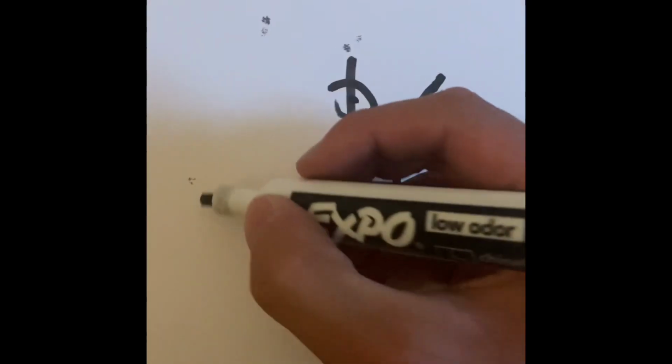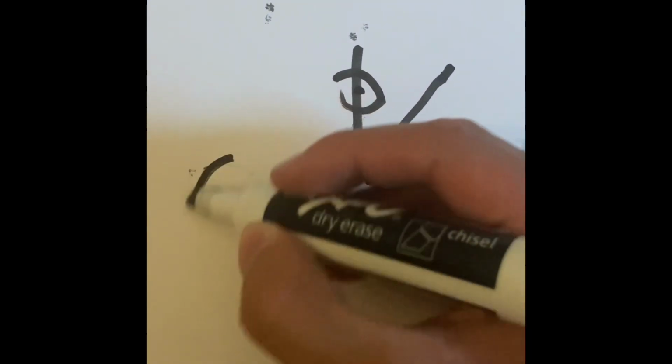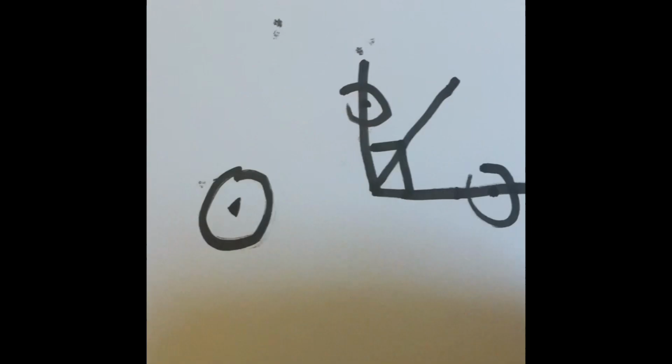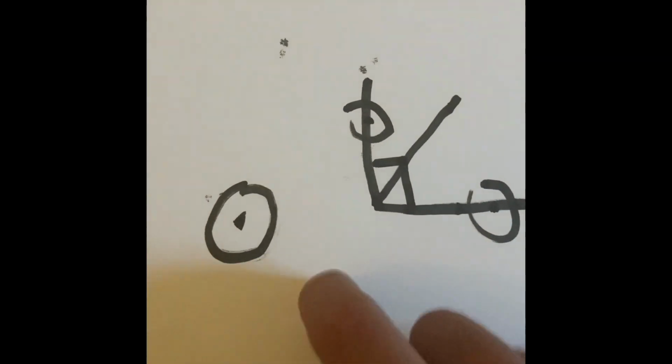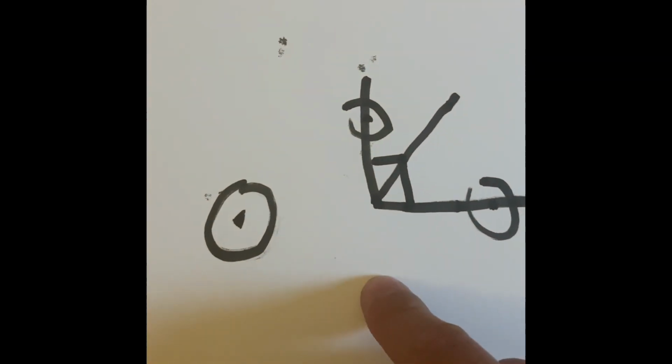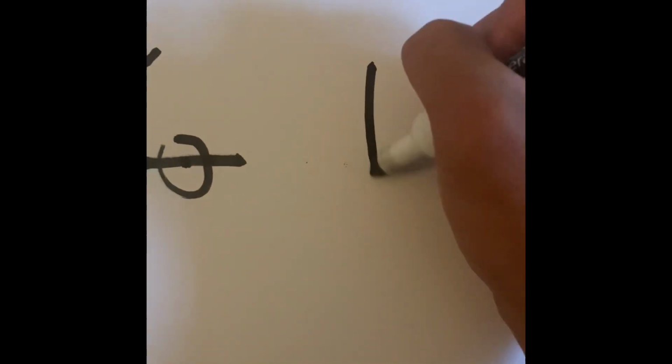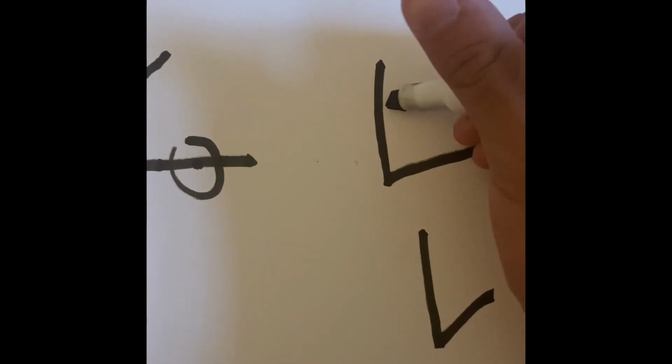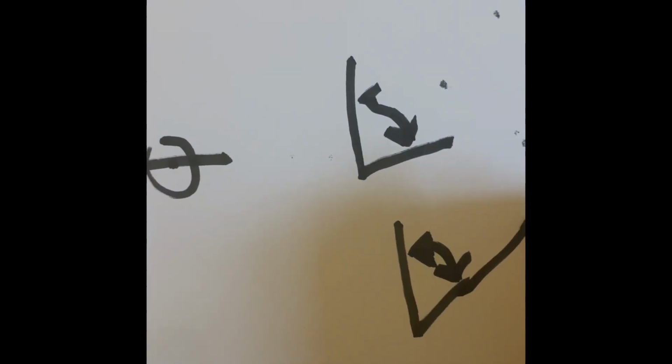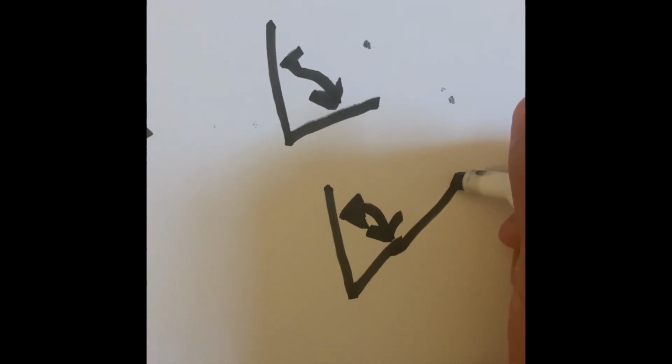So if you see a circle and a dot somewhere on your assignment, it means that those two lines or angles are congruent. Another way we can say that they're congruent is if you do this and this with arrows, that means that an angle is congruent.